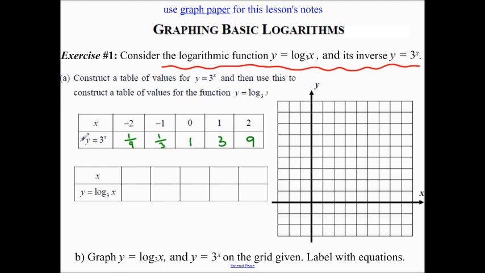So all I need to do is take the x's here and make those the y values, and I need to make the y's here into the x values. And then I can just plot those points and I've got my log graph. It's that easy. So copy in the old x's as the new y's and the old y's as the new x's. Play the recording when you're ready.